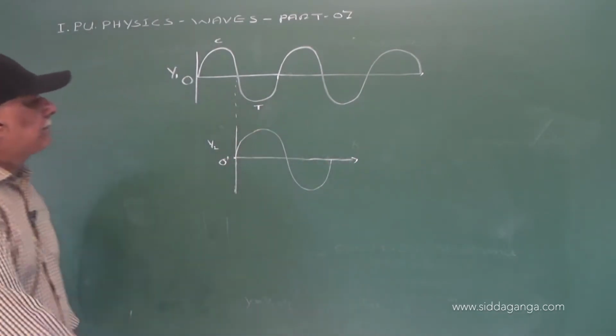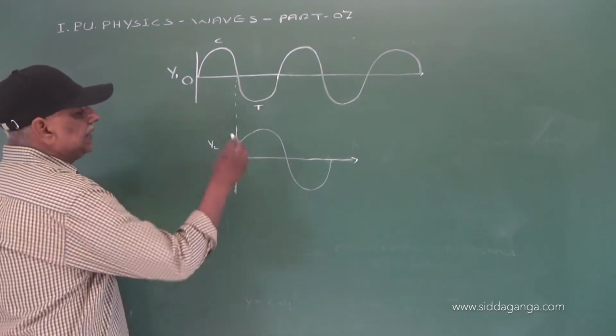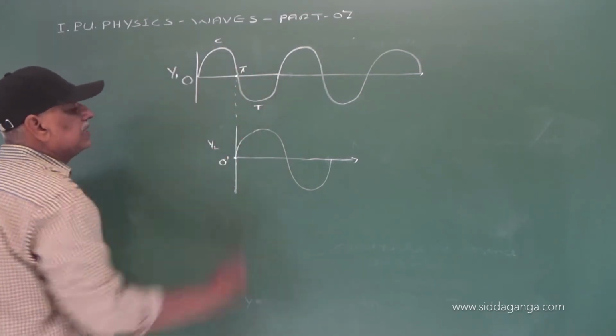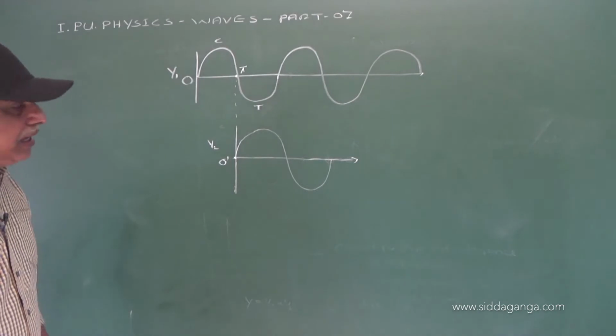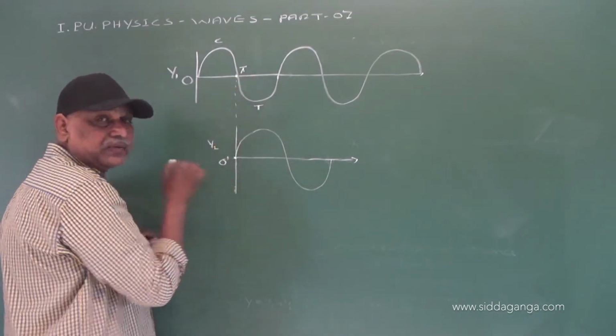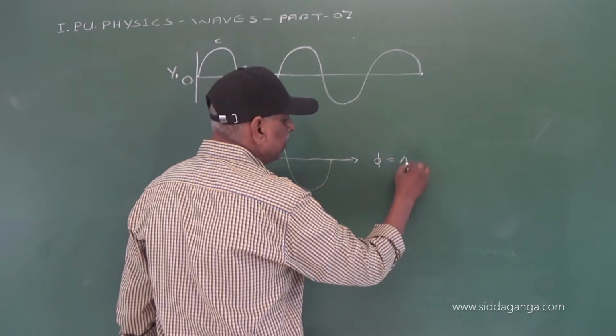Here the phase of this wave is 0, and the corresponding point has a phase of phi. Now the phase difference between these two waves y1 and y2, that phi, is equal to pi.